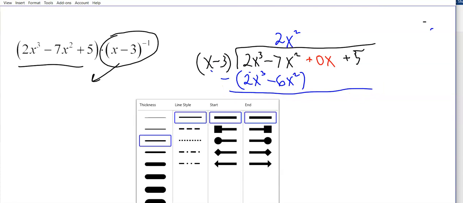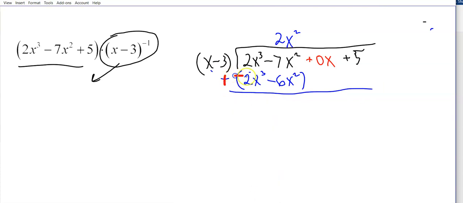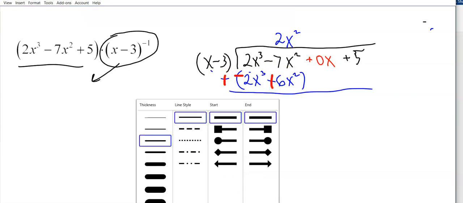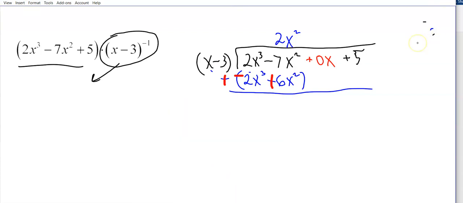When you do that, don't forget to distribute. Confusing myself here. Okay. Okay, so first term goes away. We get, well, that's not too bad, negative x squared. I guess I'm going to bring down the plus 0x here. So let's go to the next one.